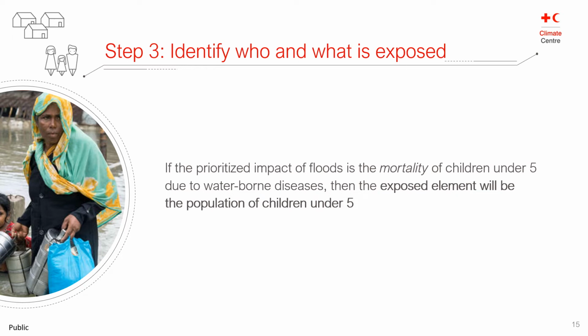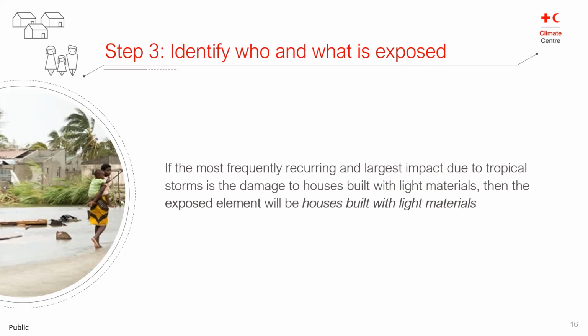Here are a couple of examples of what exposure really means. If a prioritized impact of floods is the mortality of children under 5 due to waterborne diseases, then the exposed element will be the population of children under 5.